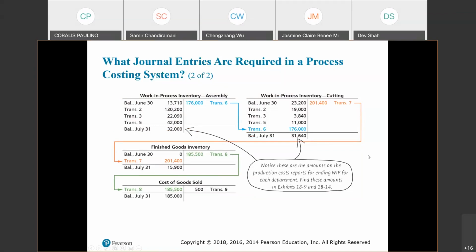So this slide illustrates the T accounts after posting. In process costing system, primarily 4 accounts are used.